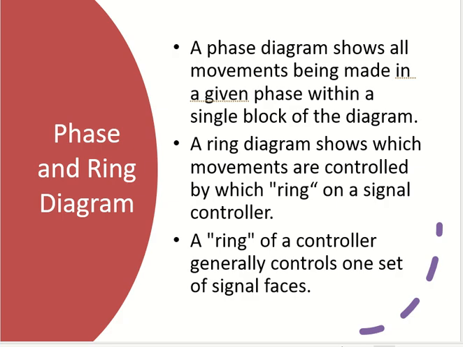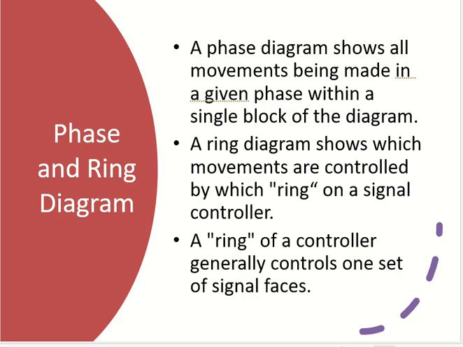What is a ring? You may have a movement from this side and a movement from the opposite side, and they can be together. But can I use the same signal to indicate green for both of them? So each signal is called a ring. Why? Because each signal has 3 lights, and these lights are repetitive.